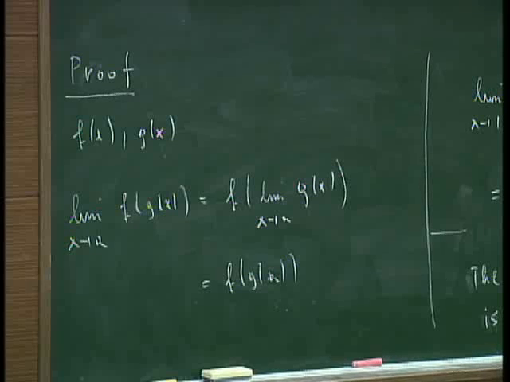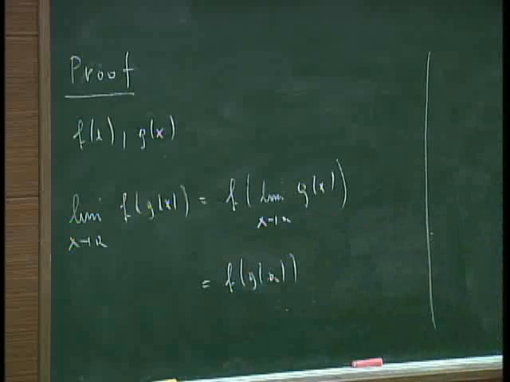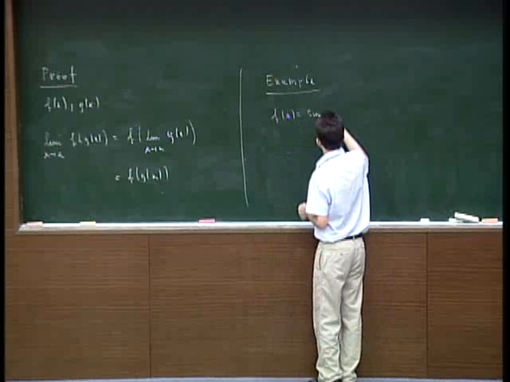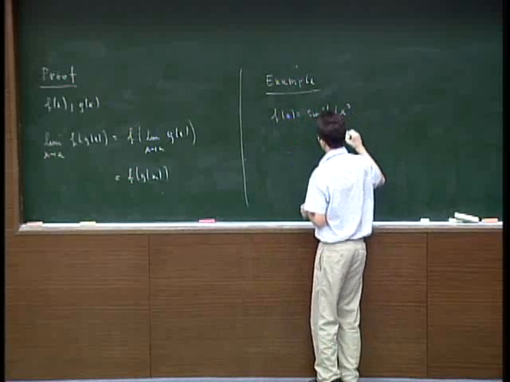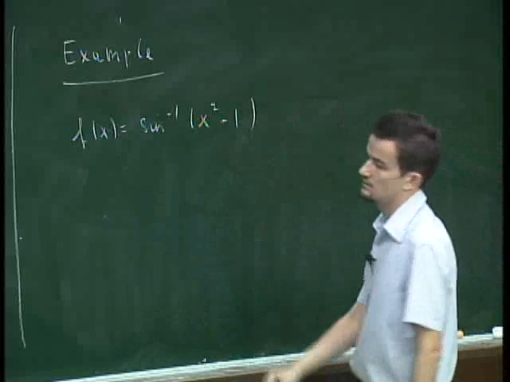So if you have a complicated composite function, you can use this in order to figure out where the function is continuous. Of course, the domain and range of the functions have to match. So if you look at a very easy example, for instance, you have the function f of x is equal to the inverse sine of x squared minus 1.